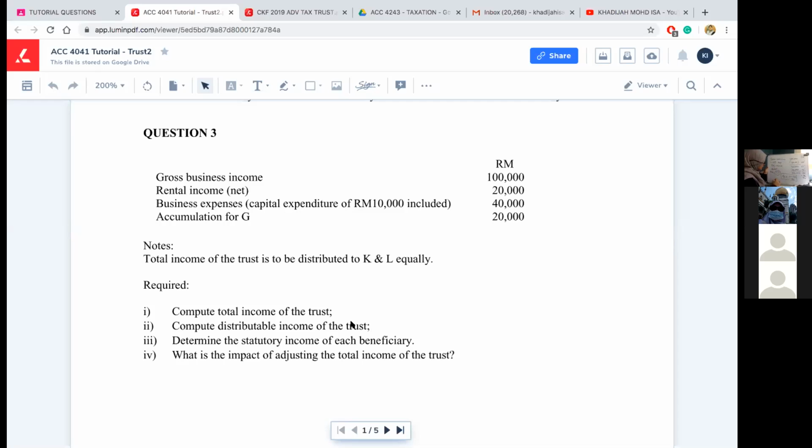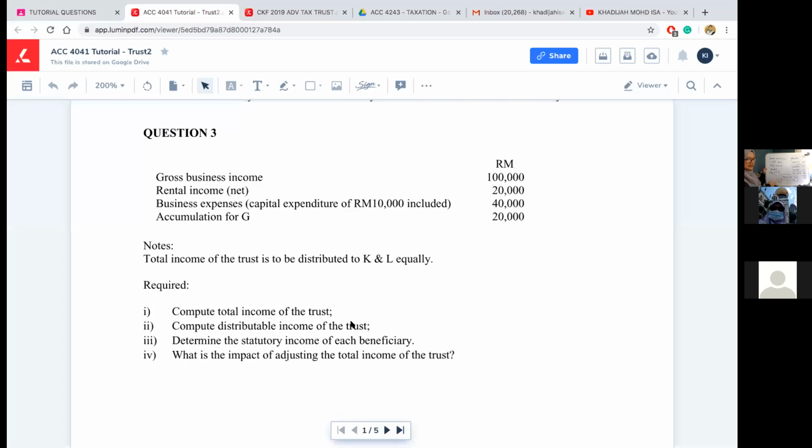So your total income here is deemed to be 90 times by 40 over 60. So jadi 60. Betul ke ni? 40 over 60 times by 90. Betul lah 60. Do you get 60,000? Yes.